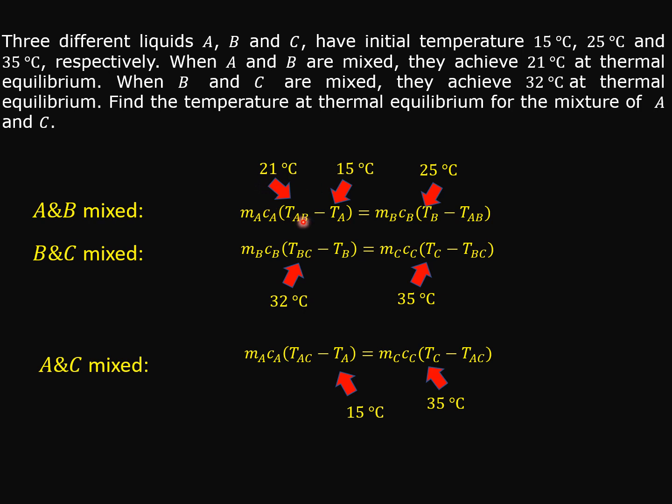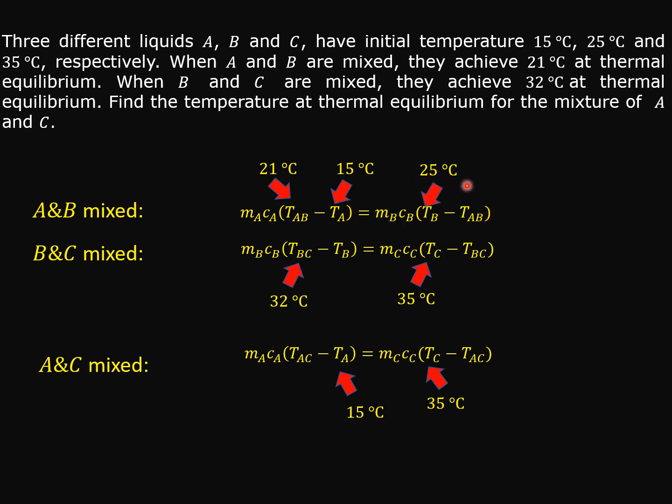So that means liquid A will absorb heat, and liquid B will lose heat, because the initial temperature of B is 25, and the temperature of the mixture at thermal equilibrium is 21, and 25 is higher than 21. So liquid B will lose heat.